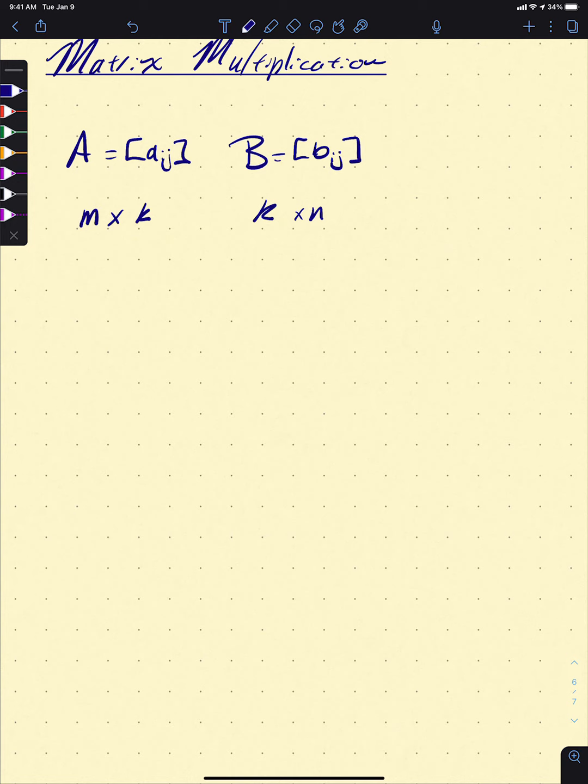And when we multiply them together, we get some matrix C equals A times B, that is an M by N matrix.